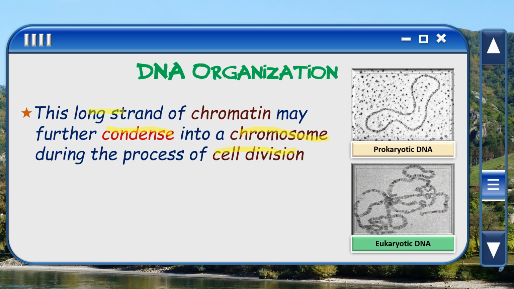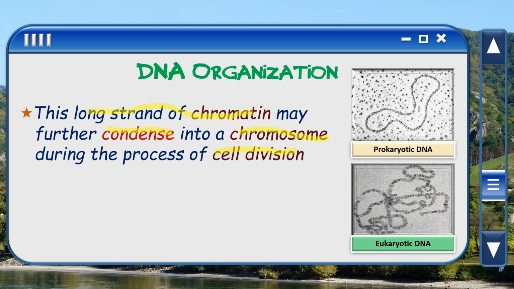When the cell is not dividing, the chromosomes or chromatids are very long and thin. But when they are going into cell division, they condense and become short.